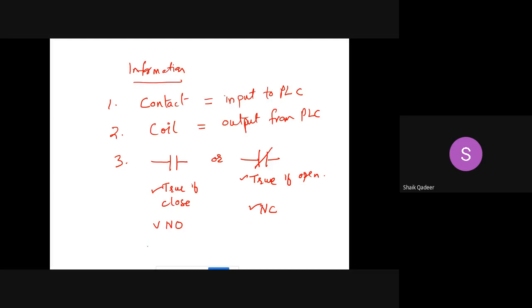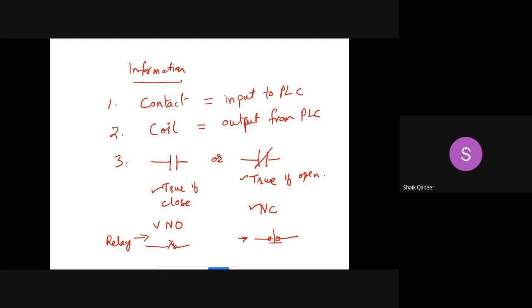The relay symbol of this is this one. And the relay symbol for this is like this. The meaning of this is, if this input made a contact, then it gets energized. And what is the meaning of this?